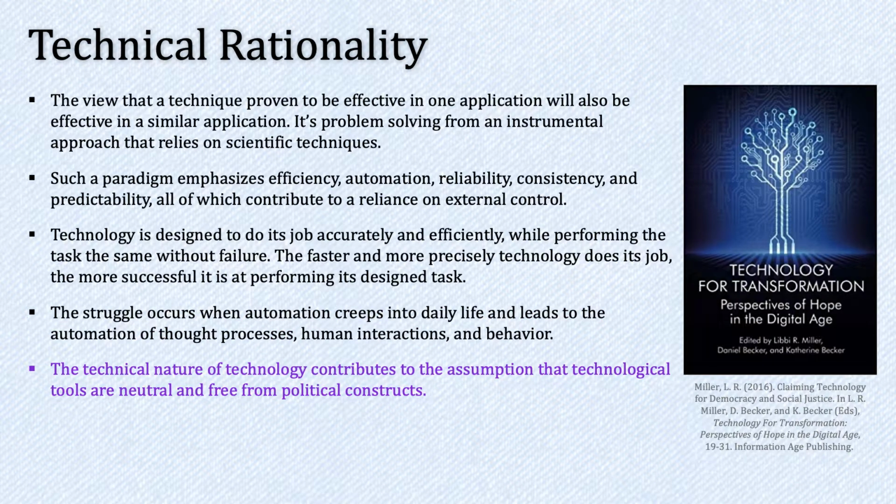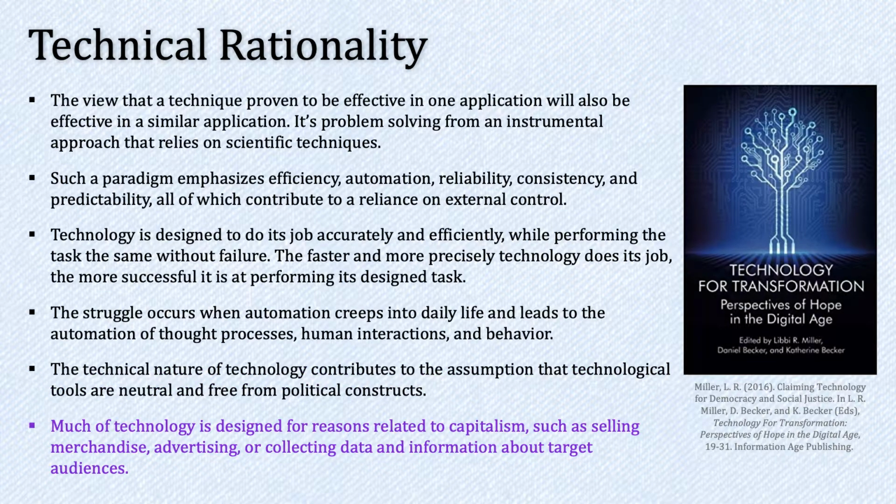The technical nature of technology contributes to the assumption that technological tools are neutral and free from political constructs. Of course, we know from our studies this semester that much of technology is designed for reasons related to capitalism, such as selling merchandise, advertising, or collecting data and information about target audiences. It has nothing to do with democracy and/or social justice.